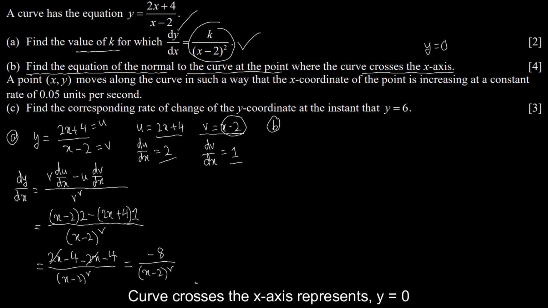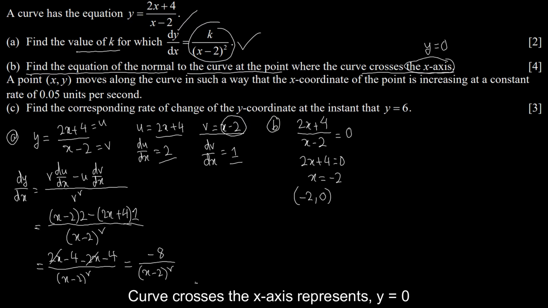Considering the main equation with y equals 0, 2x plus 4 divided by x minus 2 equals 0, so 2x plus 4 equals 0. Making x the subject, we get minus 2. So our coordinate is minus 2, 0, where the curve crosses the x-axis.